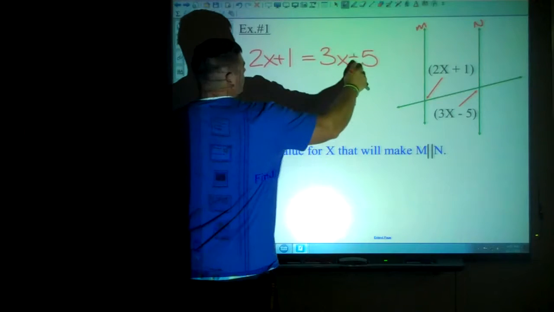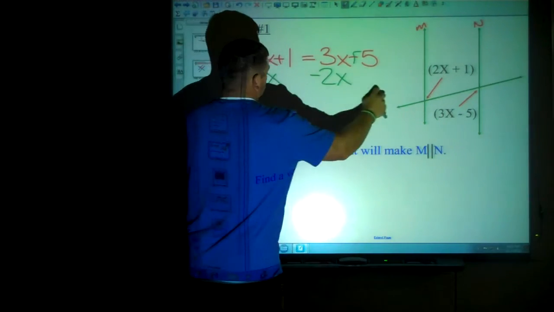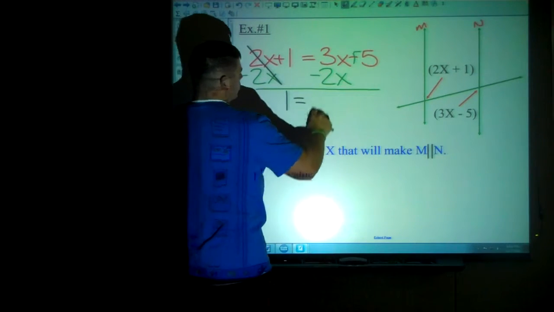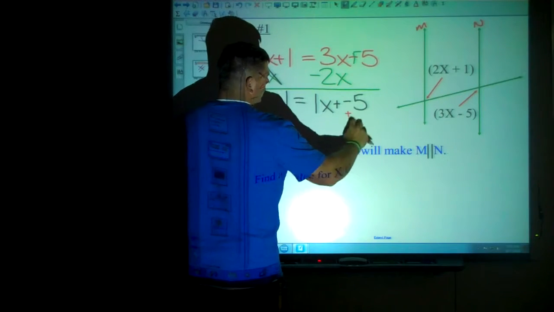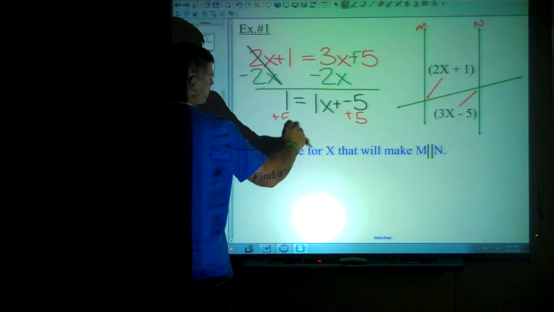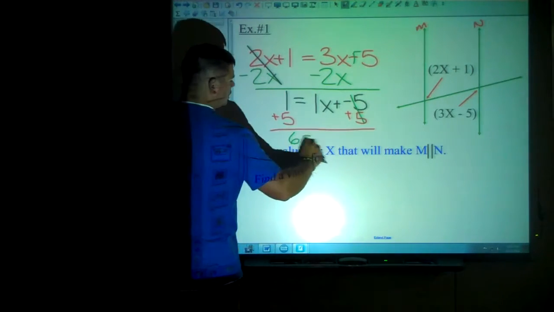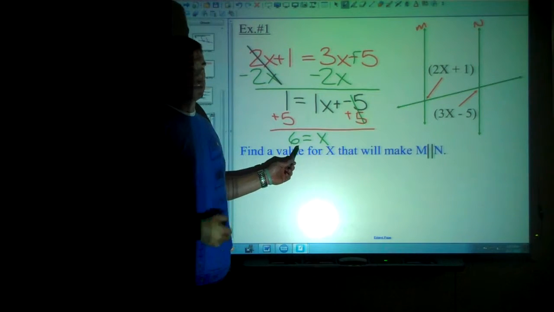And we just play the shuffling game from here. Subtract 2x, subtract 2x. 1 equals 1x plus negative 5. Add 5. And we have 6 is equal to x. Now that's not the angle. The angle measurement isn't 6.